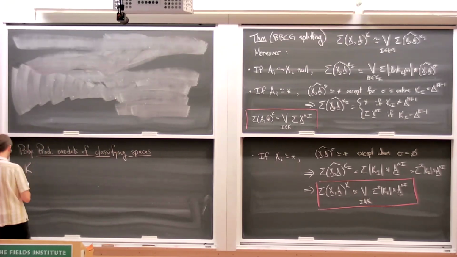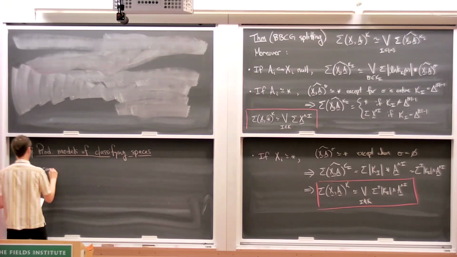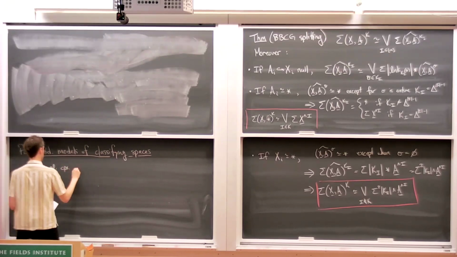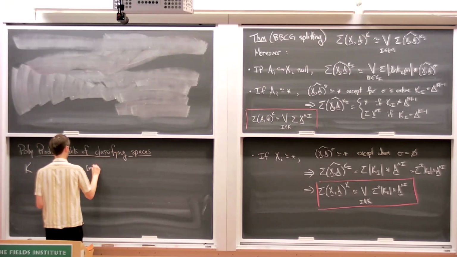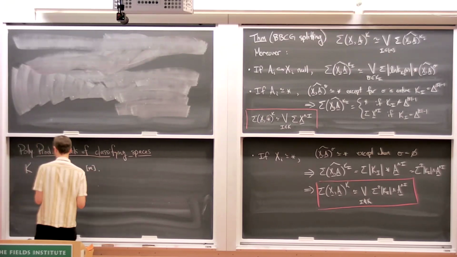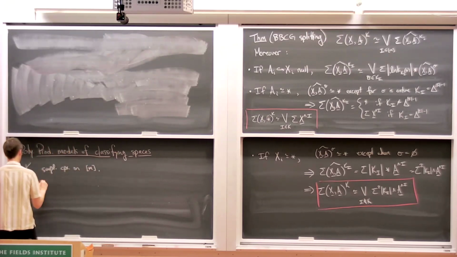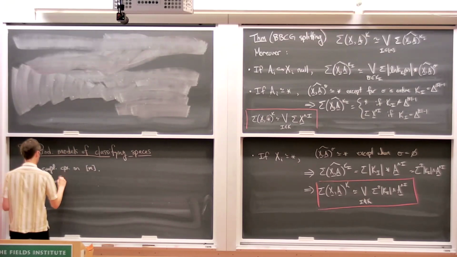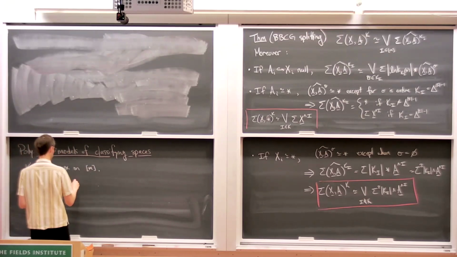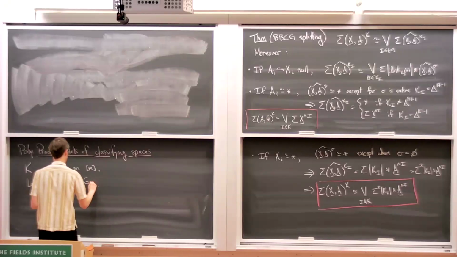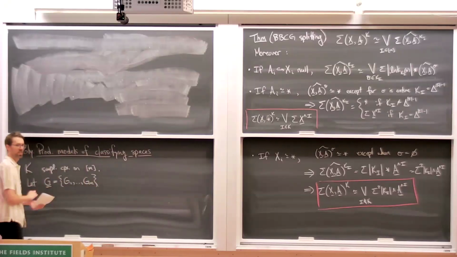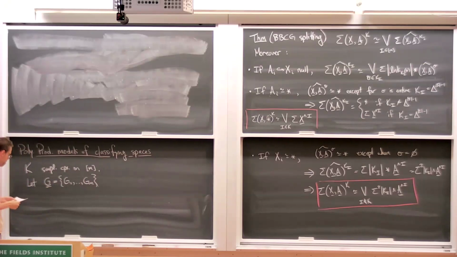Okay, so usual setup, K will be a simplicial complex on M. I want to start in the category of groups. So let G underline be just a sequence of groups, as many of them as we have vertices in our simplicial complex.